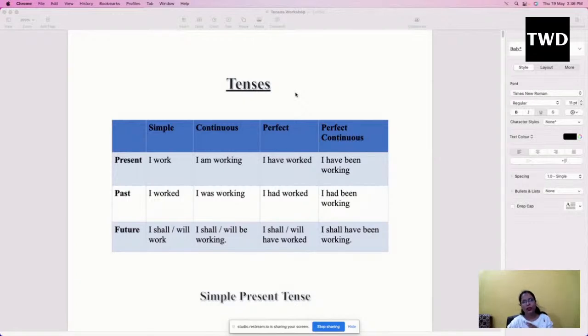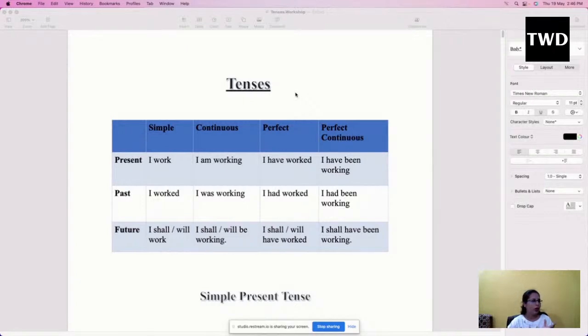The things which we have already done are known as past actions, or yesterday actions also. And the things which we are doing now are known as present actions. And the actions which we are going to do later are known as future actions.